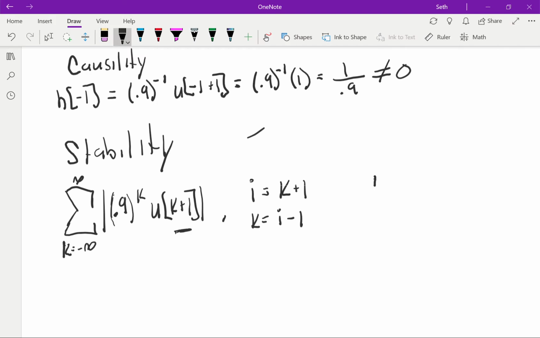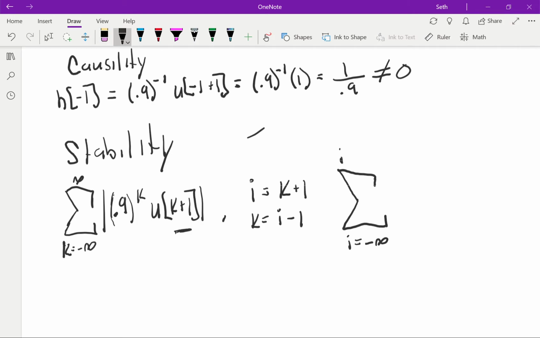So now we can write k is equal to minus infinity. Then our new lower bound i is just going to be equal to k plus 1. The lower bound k is negative infinity, so negative infinity plus 1 is still negative infinity.